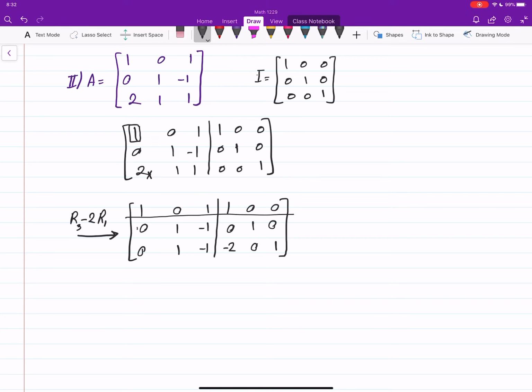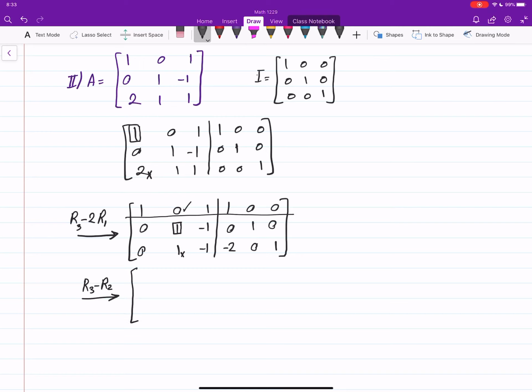Move from left to right, and then you stop when you hit a non-zero entry. I choose this one to be my leading one. It is 1. It's in a nice place, so I'll use that as my next leading one. Make everything else in that column 0. This one is already 0. I'll make this one 0 by subtracting row 2 from row 3 and replacing it into row 3.